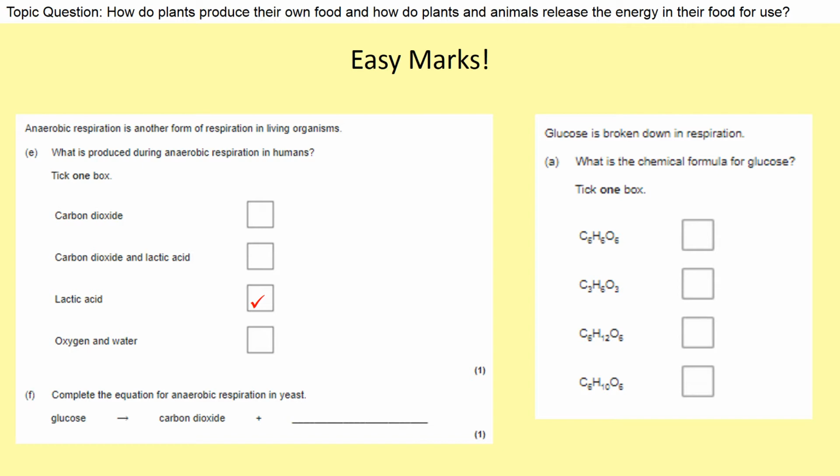Yeast are not animal cells, therefore they're going to be producing carbon dioxide plus ethanol. And then again, see how easy marks we can pick up if we can learn these formulas. Formula of glucose, C6H12O6.